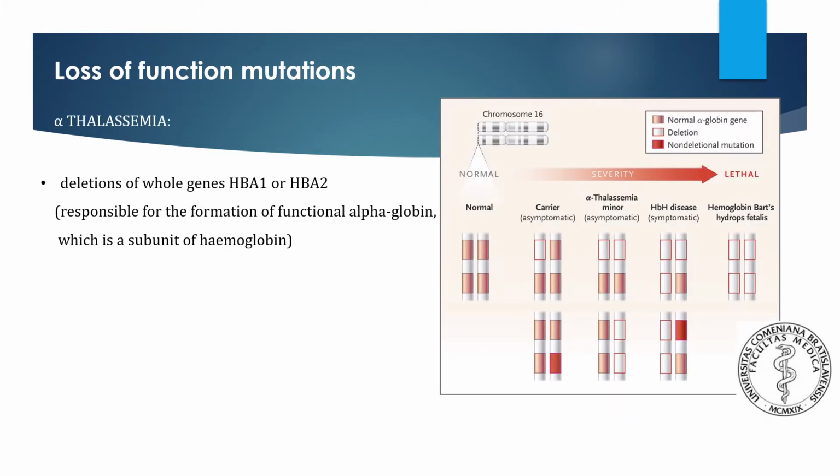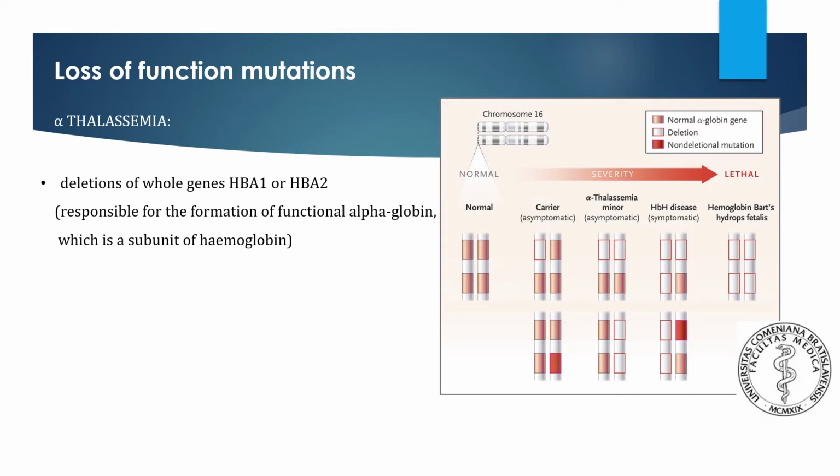Another very good example, which is also widely used in education of young geneticists, is alpha thalassemia, which is basically a deletion of HbA1 or HbA2 genes, which are genes responsible for formation of alpha globin, which is a subunit of hemoglobin. And we can see here on the picture even the severity of the disease as it progresses with adding more and more mutations.